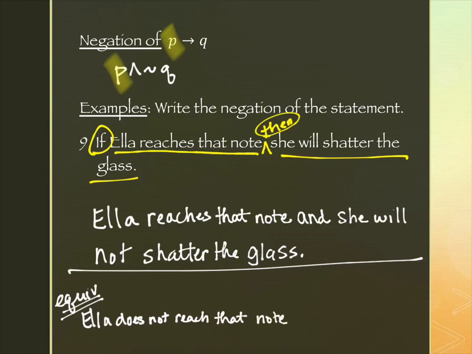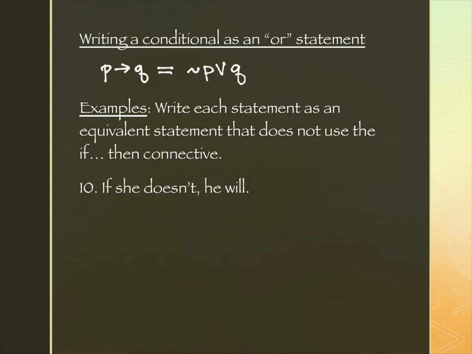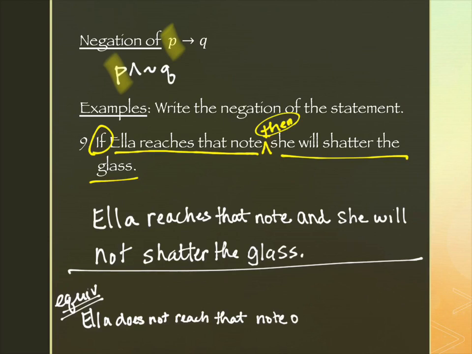Okay. And then I would use what word? Or. And then I would keep the second part the same. It remains unchanged from the original statement, which would say, or she will shatter the glass. Or again, you could change to she did shatter. The verb tense can change to past tense instead of future tense.